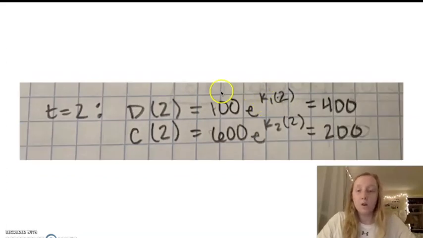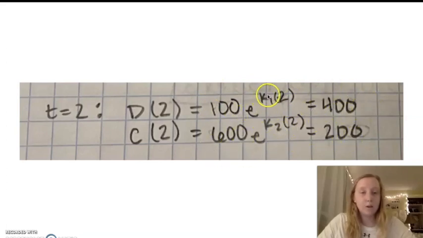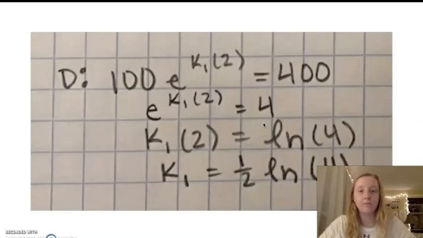So, we also know from the problem that at time equals 2, there are 400 dogs. And at time equals 2, there are 200 cats. So, what we can do is we can set this part of the equation equal to this part, and the same thing with cats. This way we can begin to solve for k1 and k2.